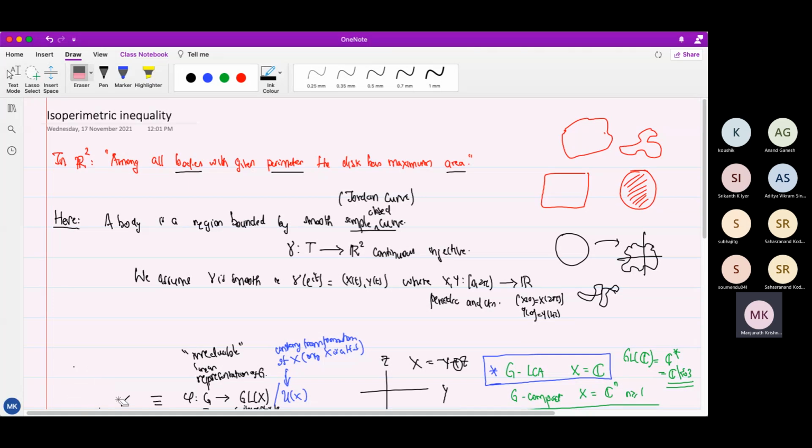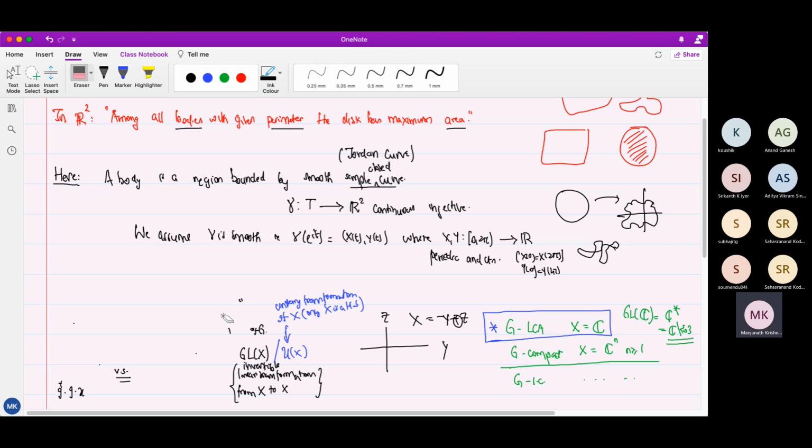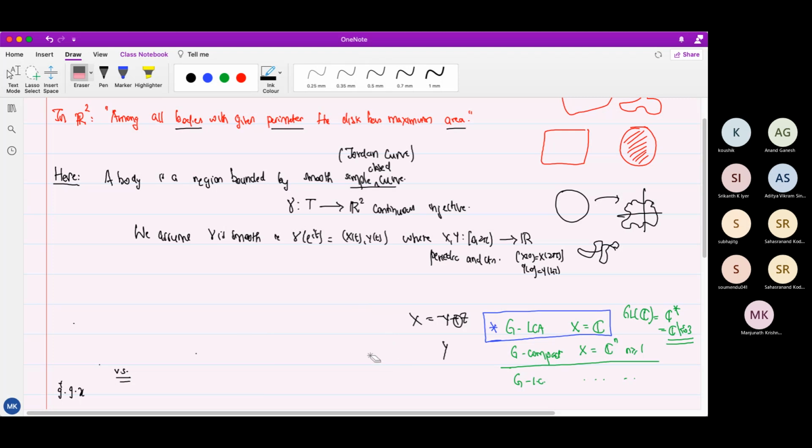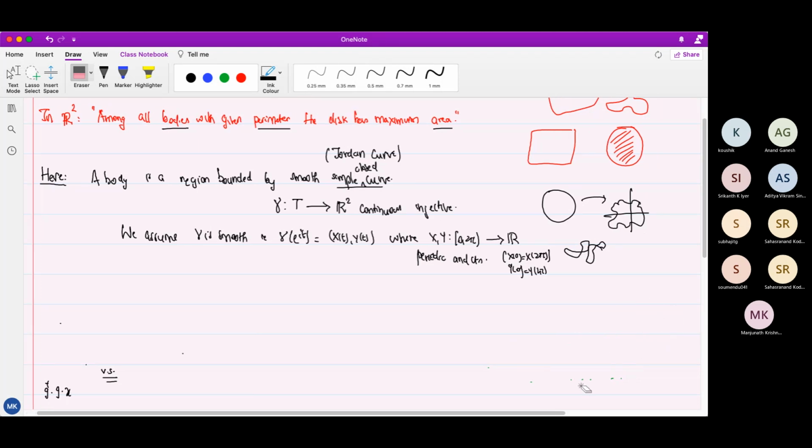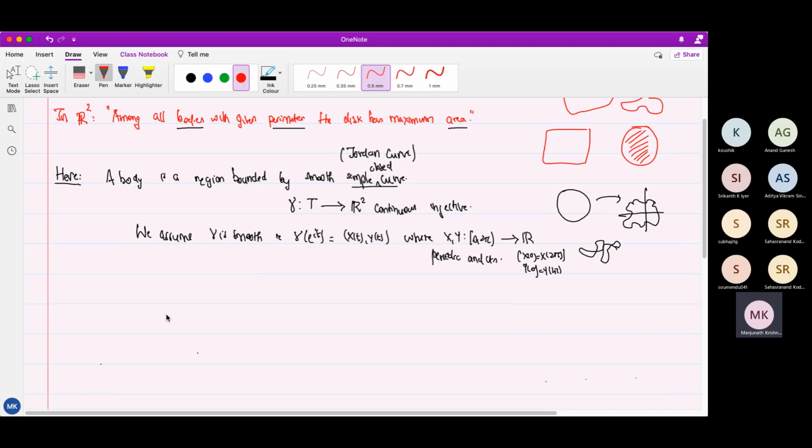So where is the body? So what is the body? It is a fact.